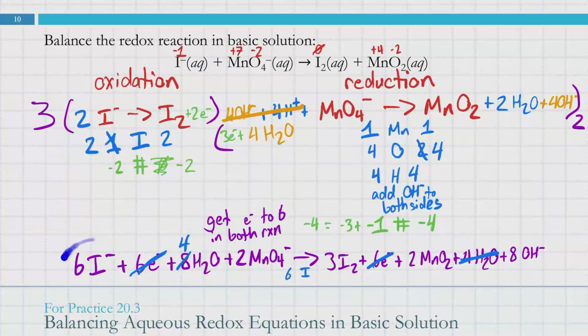Iodine, we've got 6 on the left. 3 times 2 is 6 on the right. The next thing that shows up is hydrogen. We've got 4 times 2 on the left, so 8. And we've got 8 hydroxides on the right, so 8.